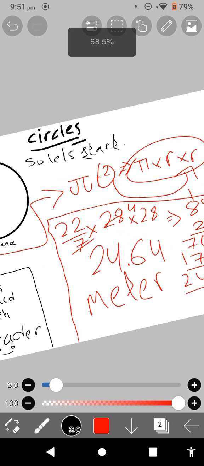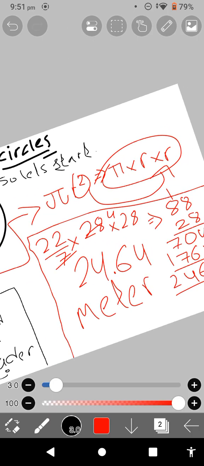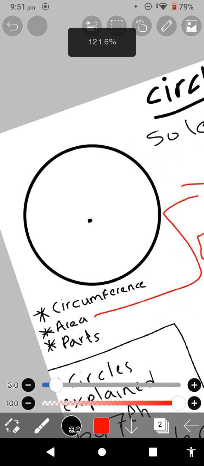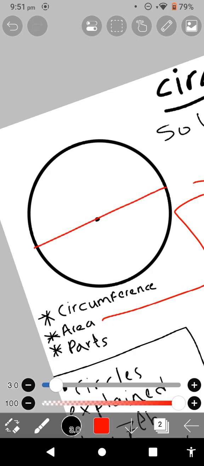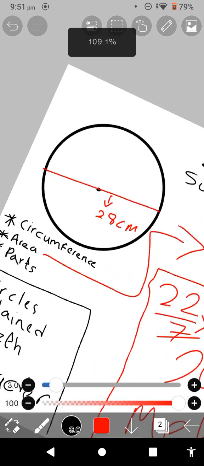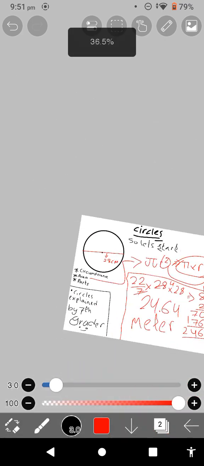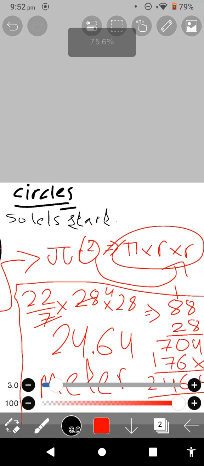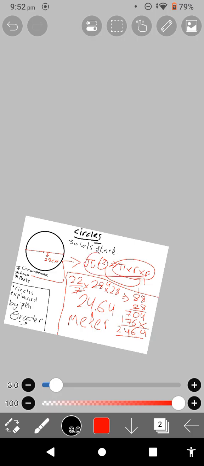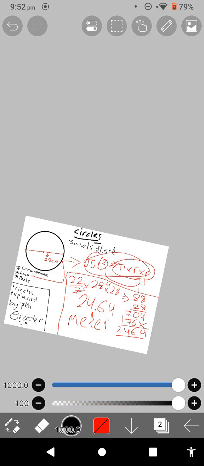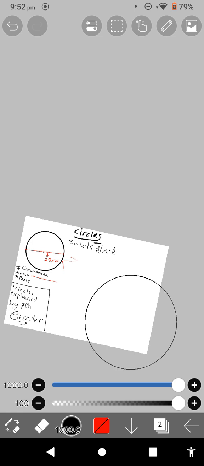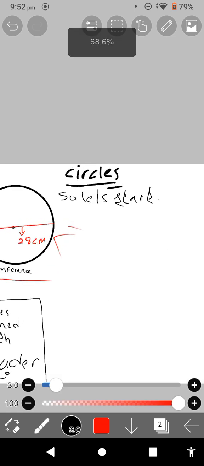So now let's explain it. If we assume that this circle has a radius of 28 centimeters, we will find the area of it by this formula, which is, let's write it neatly, pi r square.